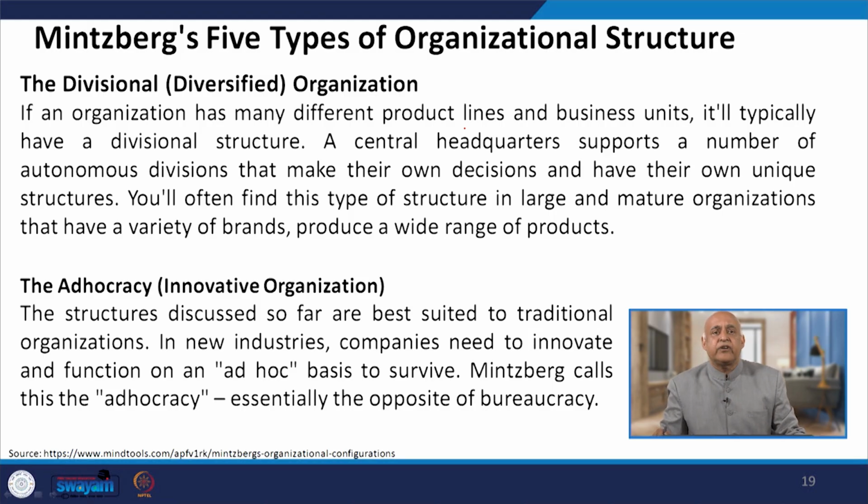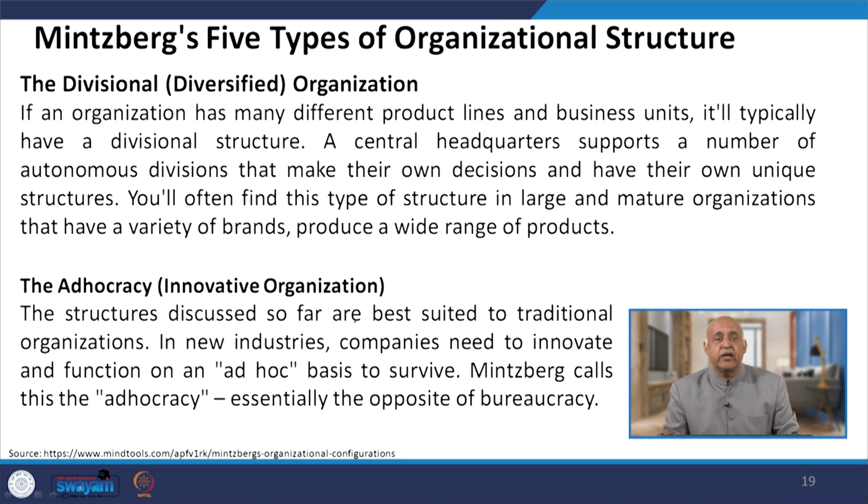Now, when we are talking about the adhocracy, these are innovative organizations. Dear friends, nowadays the core competency is innovativeness, and the structures discussed so far are best suited to traditional organizations. In new industries, companies need to innovate and function on an ad hoc basis to survive.